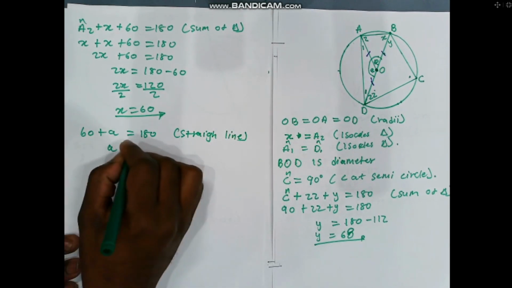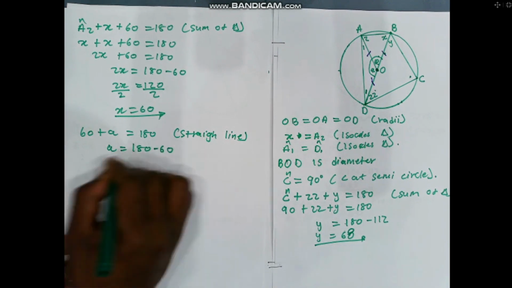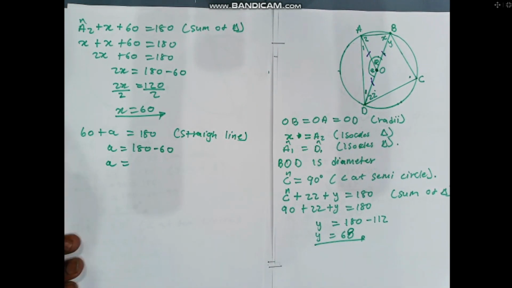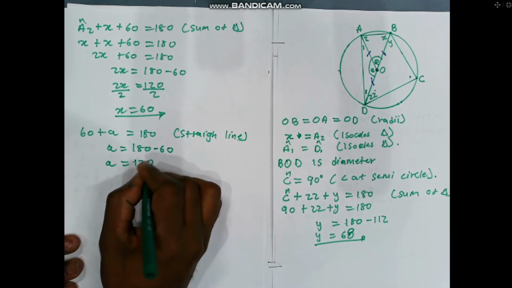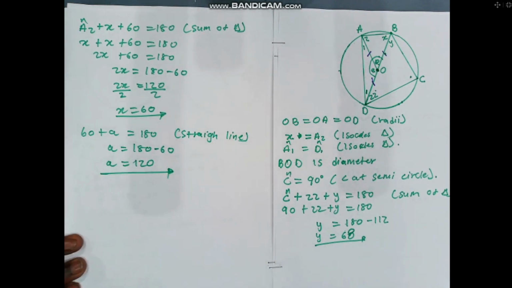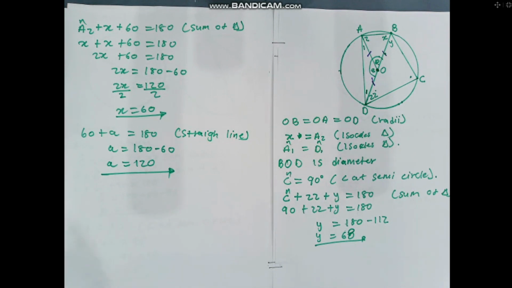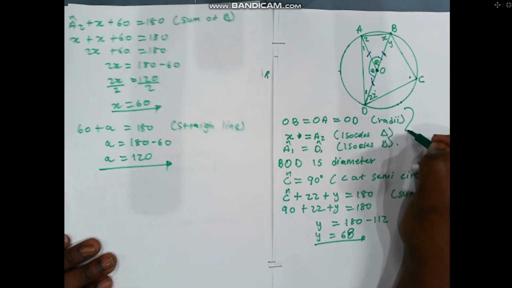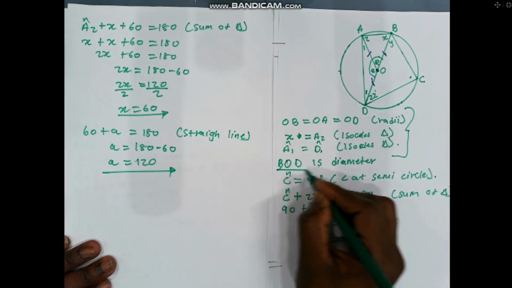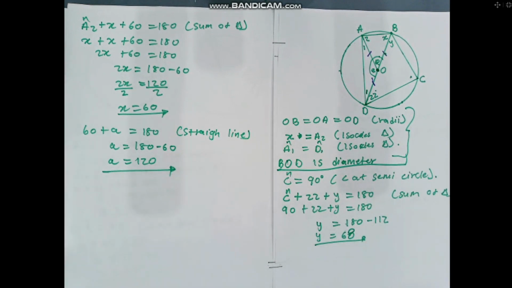So A is equal to 180 minus 60, just 120. Hope you do understand, guys. It's very important to understand your diagram, analyze your diagram before answering any question, because most of the answers are there in your diagram and in your statement. So this one that we did here, it's very important just to collect that information before you answer any question.